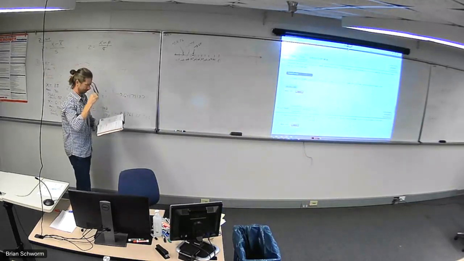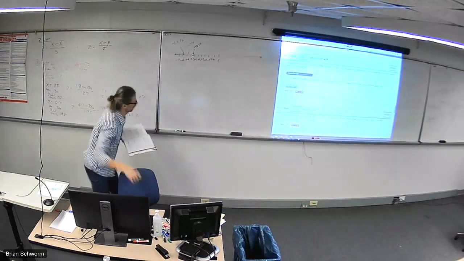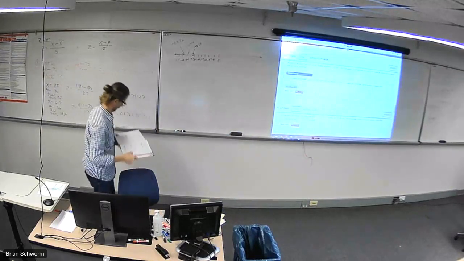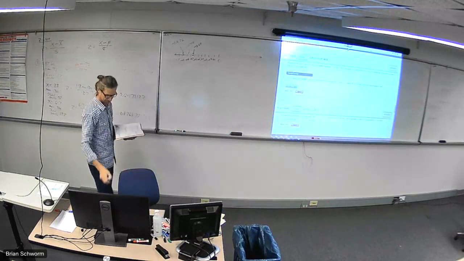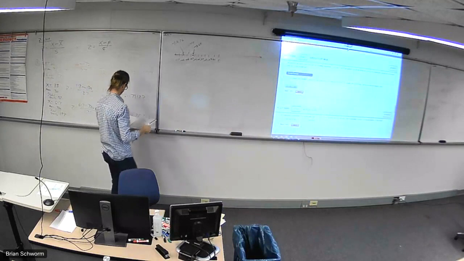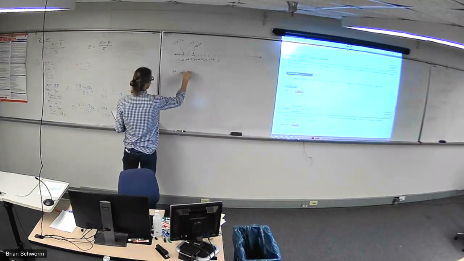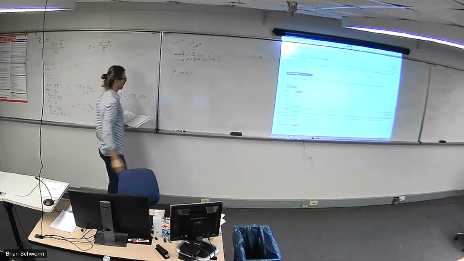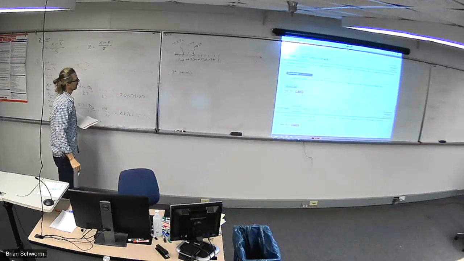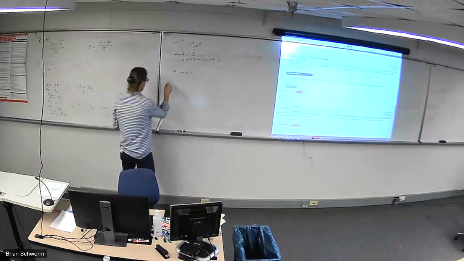Here's the definition. Percentile. P represents a number, like 70th percentile, something like that.